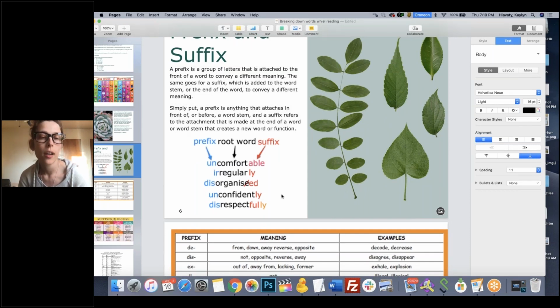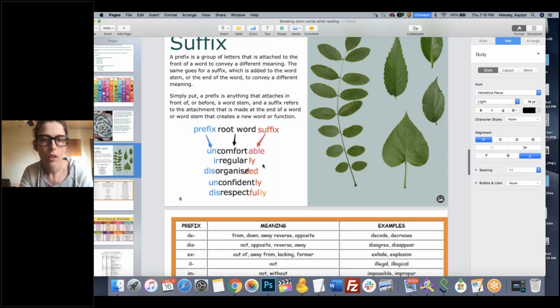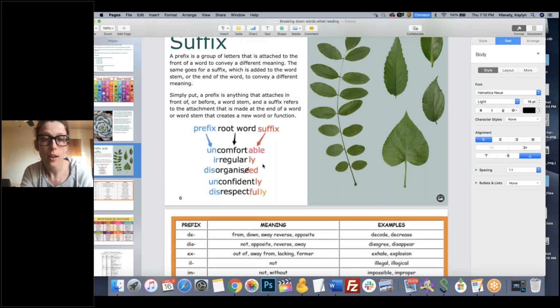An example here is the root word comfortable. Within comfortable, you could change it. The word UN would be the prefix of uncomfortable, and that changes it. Uncomfortable means discomfort, you're not okay, something just doesn't feel right to you.